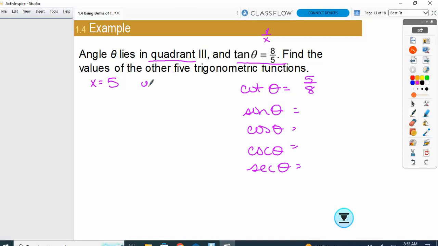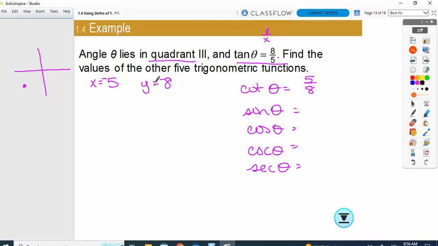And my y would be 8. Now there's something wrong with that though. If you're in quadrant 3, what's true about x and y? They're both negative. Now we didn't see the negative here because we know a negative divided by a negative gives us the positive.